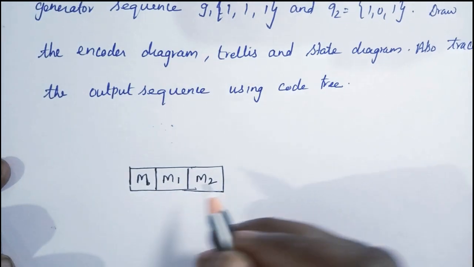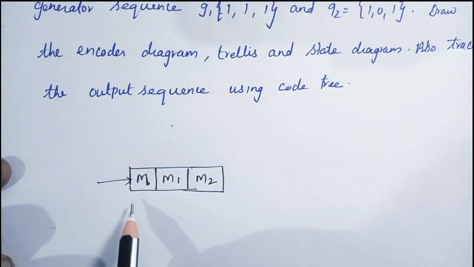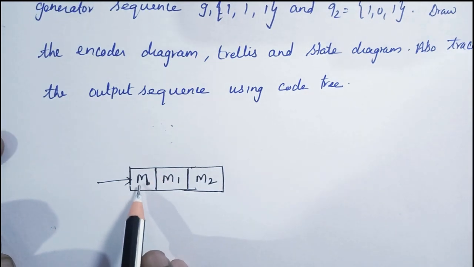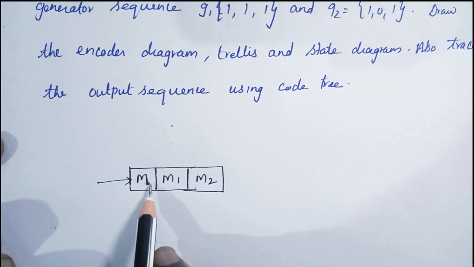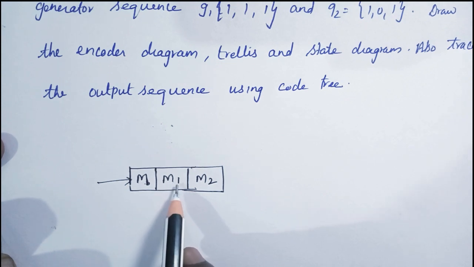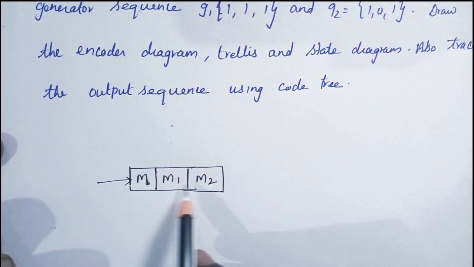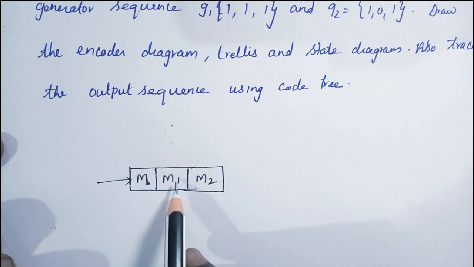Every message bit comes to the state m. When a new message comes, it gets shifted to m1, and whatever is in m1, which is the previous message, is shifted to m2. So the shift registers store the memory of the previous messages, the last 2 messages.